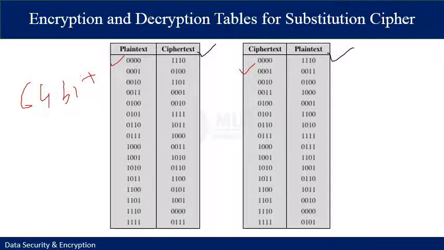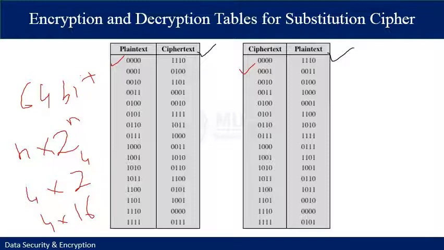In general, for an n-bit ideal block cipher, the length of the key defined in this fashion is n times 2 raised to the power n. For this case, we have 2 raised to the power 4, with n equal to 4. So we get 4 times 16, which is equal to 64 bits.